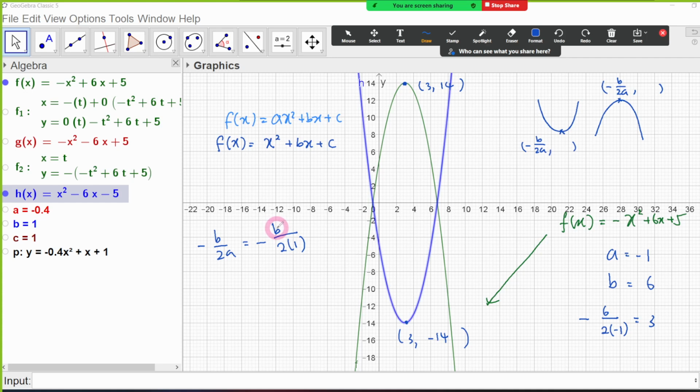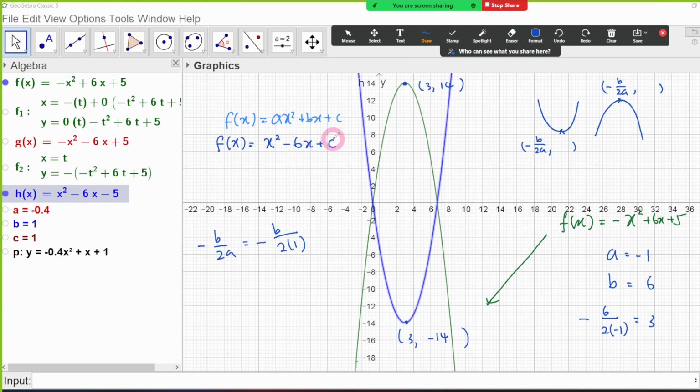Because only if b is negative, negative, negative, it gives us positive. If b is positive, you get negative. Then it will no longer be 3, right? So we know that b here must be negative. So this is positive 6, now this is negative 6.